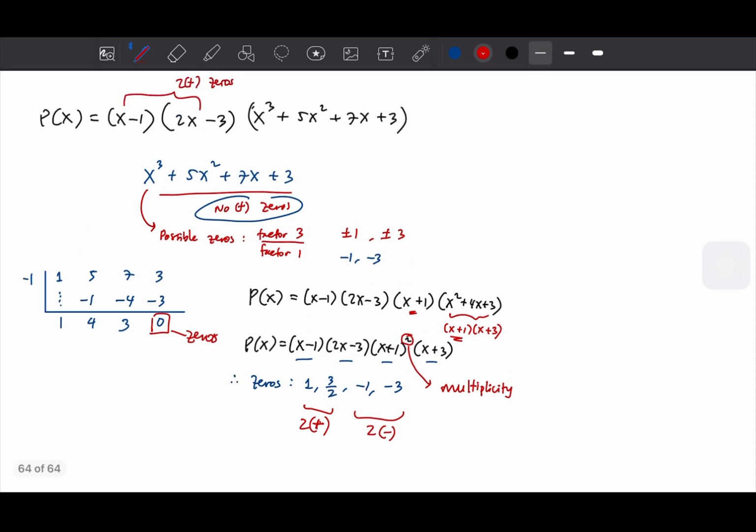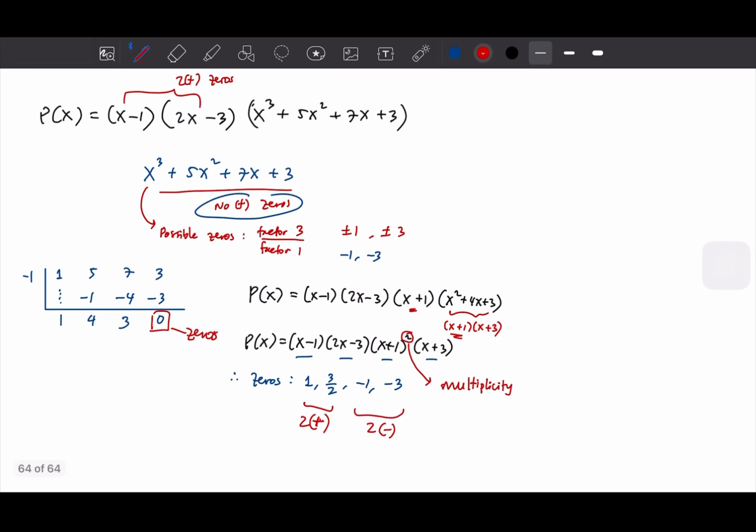Okay. So I hope this can help in general, helping to guide you to find the zeros. And also the synthetic divisions, whenever you have a polynomial with a high degree, you could always use synthetic division to help you factorize this polynomial function.